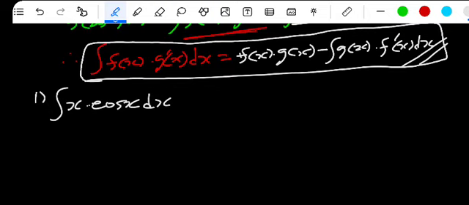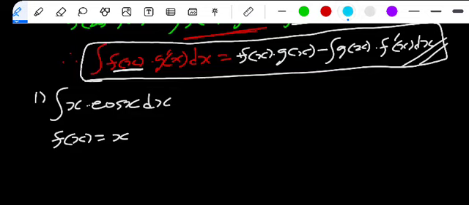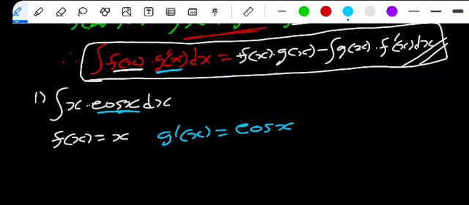As you can see there, we can let f of x be equal to x, and let g prime of x be equal to cos x. Then f prime of x, if I differentiate this, we'll have 1.